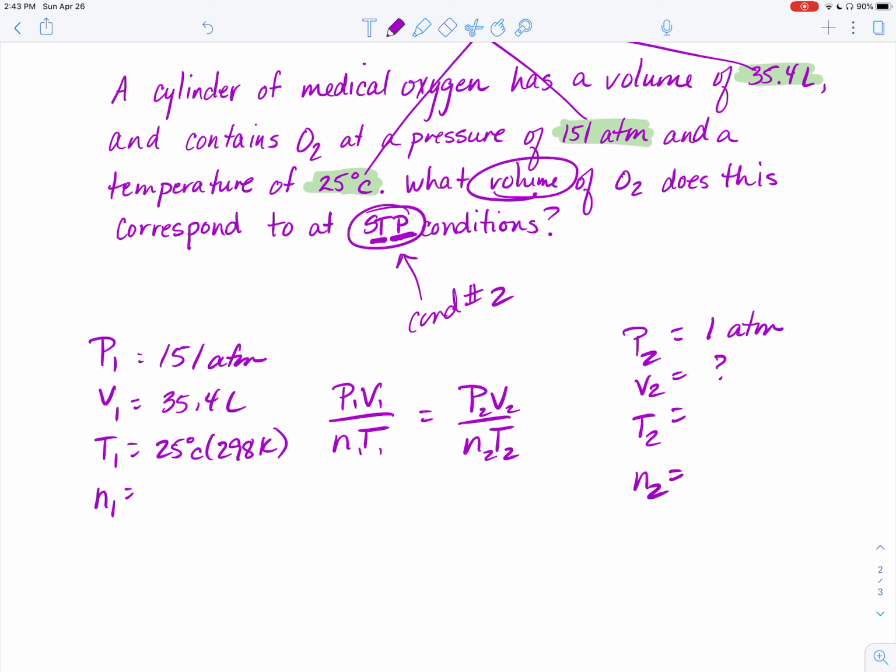T2 is that second standard temperature. We know that's 0 degrees C or 273 Kelvin. We were told nothing about the amount of the gas. It never says in the problem that we changed the amount, so we technically don't need N1 and N2. Let's just go ahead and cut those out. Now we've got all the variables determined except for V2, and that's what we're going to solve for.